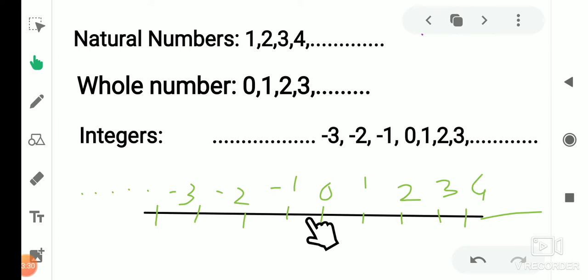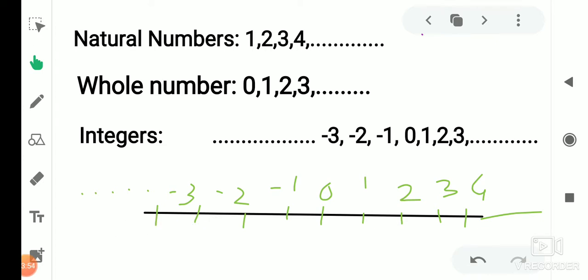We represent 0 in the middle of the line. Then on the right hand side of 0, we represent the positive integers 1, 2, 3, 4, 5 up to so on. And on the left hand side of this number line, we represent the opposite numbers. Opposite of 1 is -1, opposite of 2 is -2, like this: -1, -2, -3, -4 up to so on.